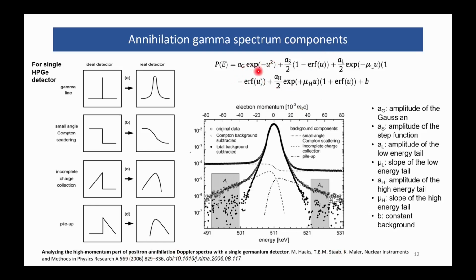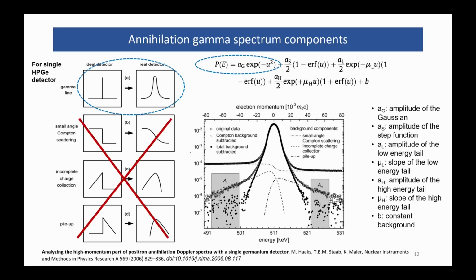They used a mathematical formula to describe each component, and each component is described by a parameter. Then we just need to subtract everything here, which you can code, and extract the two-gamma event. After subtraction, in their study, it should look like this.